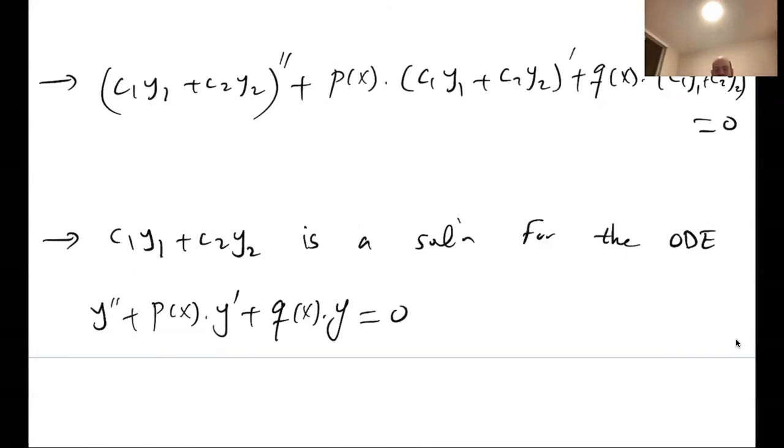So we showed that once we assume that y1 and y2 are solutions, then C1 y1 plus C2 y2 will be also a solution for this ODE. And C1 and C2 are constants here.